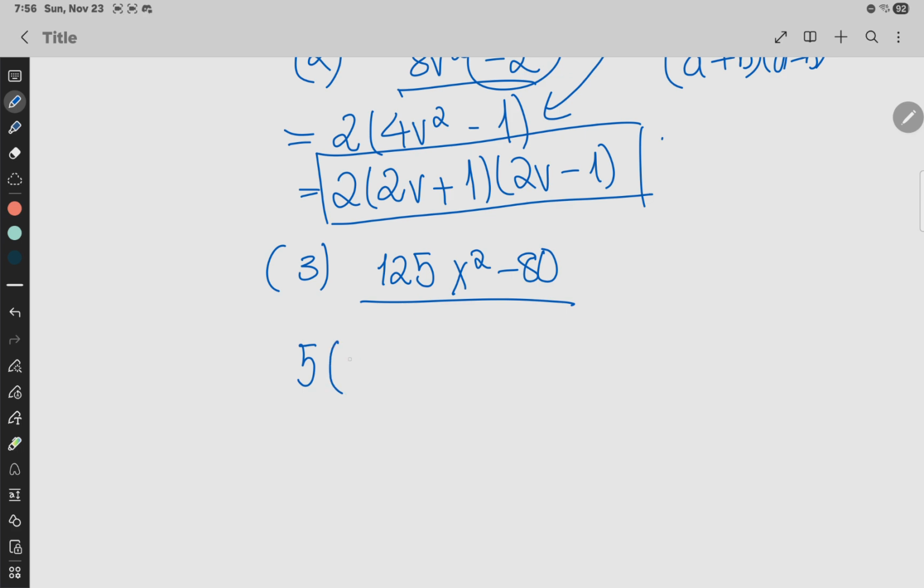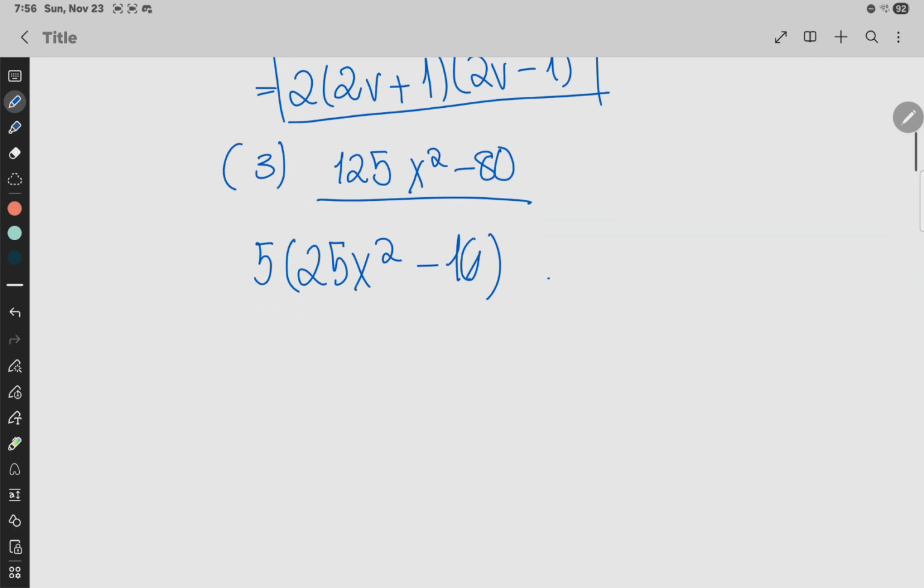When we factor out 5, we're left with 25x squared minus 16. Okay. So now this is in the difference of squares form, okay? So now we can just apply the formula, a plus b, a minus b.